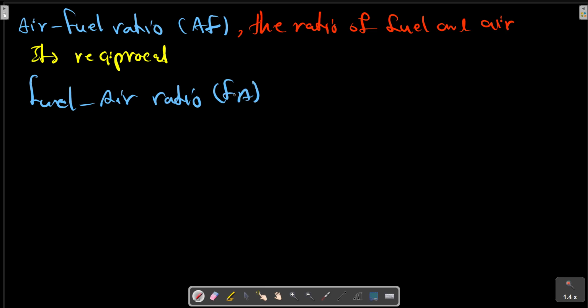These ratios are usually expressed on a mass basis, but a mole basis is also used at times.